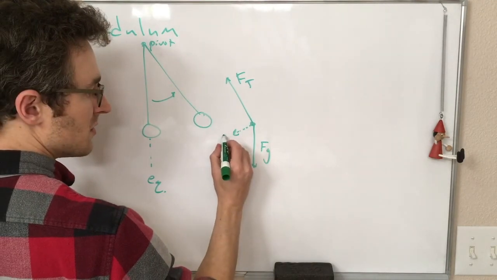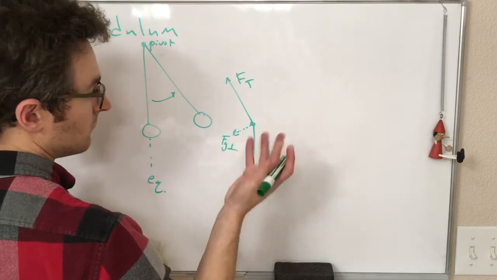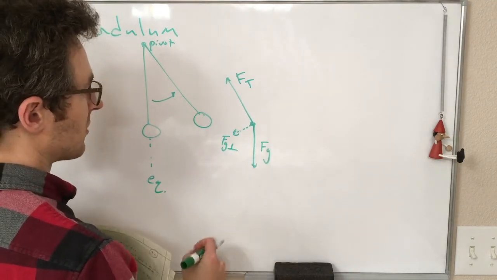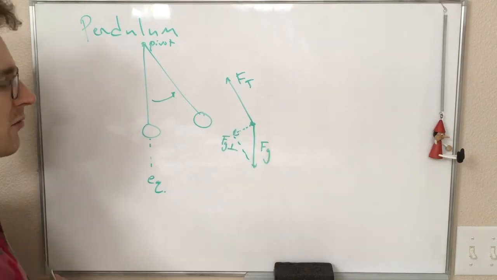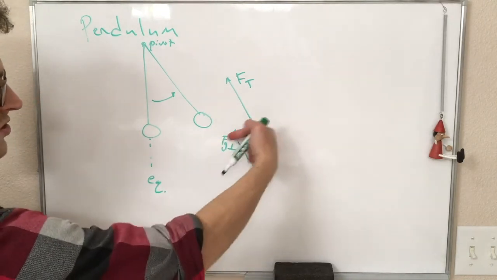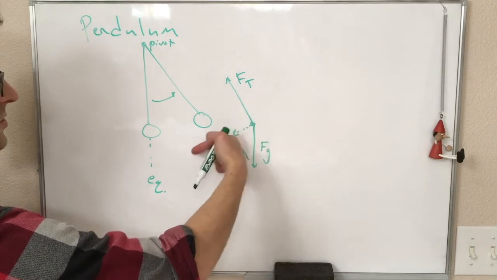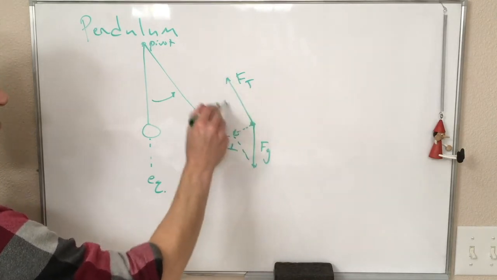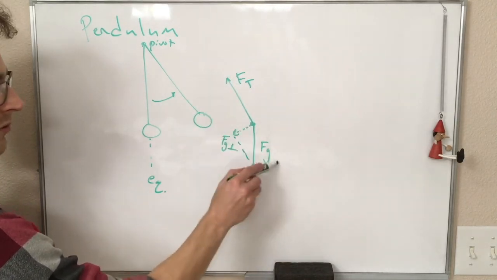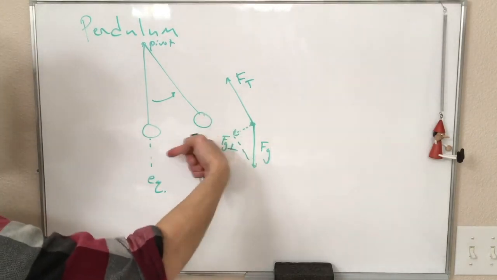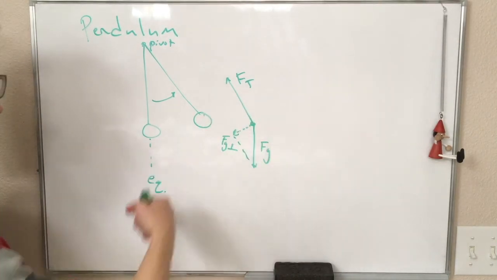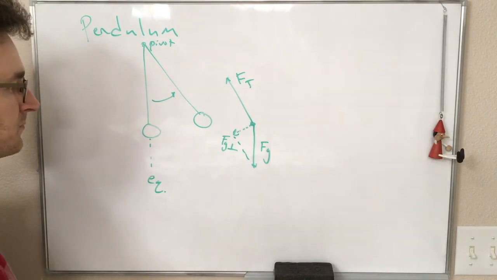We'll call that Fg perpendicular to string. We're not going to do any computation with this. I just want to show you that this is a component of gravity, and this is pointing us back to the left. So this tension is going to cancel out with the other component of gravity, and we're going to be left with a net force of gravity pushing us to the left, which is clockwise.